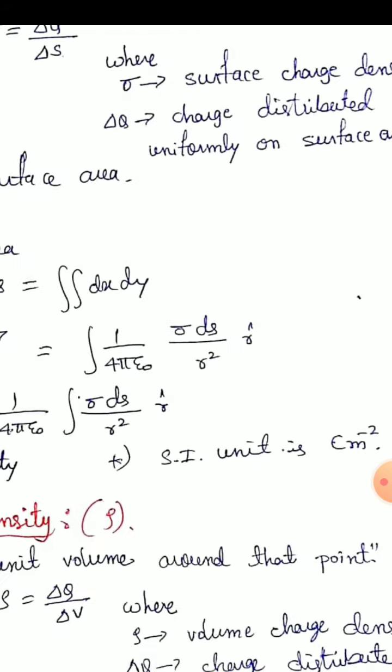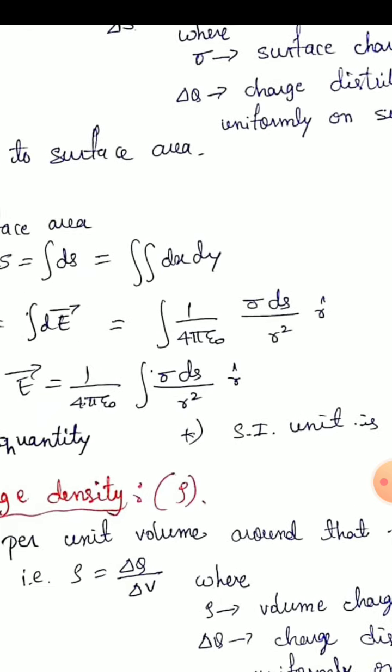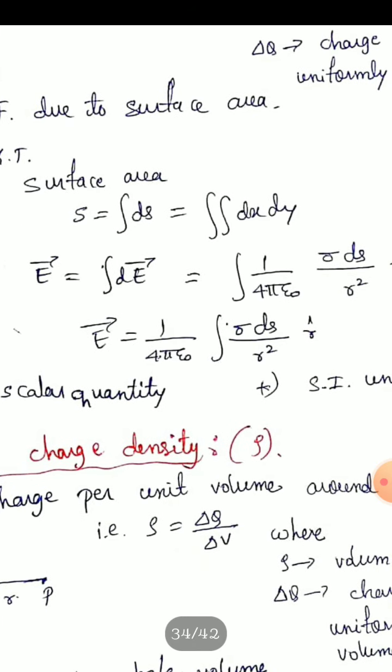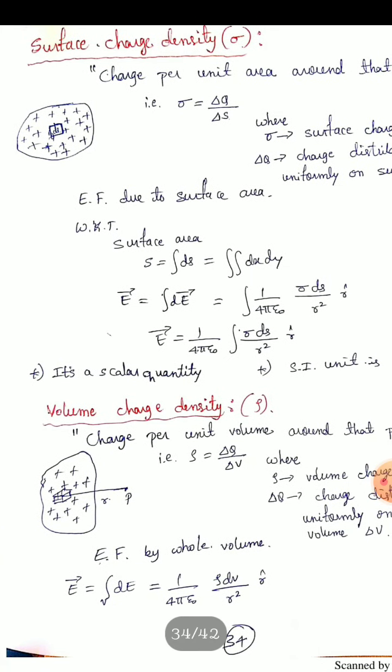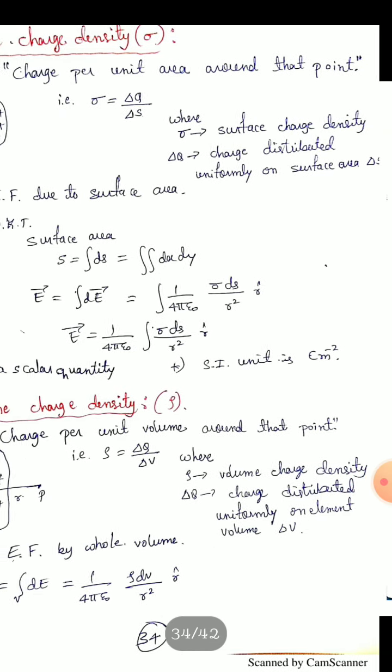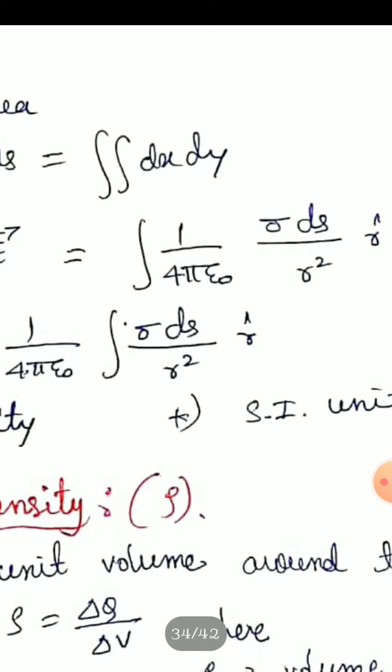Since we are going vectorially, we take the r cap. So E is equal to 1 divided by 4 pi epsilon naught, taken outside because it is a constant, and the variables are to be integrated: integral of sigma into ds divided by r square. Remember, surface charge density is a scalar quantity and its SI unit is coulomb per meter square.